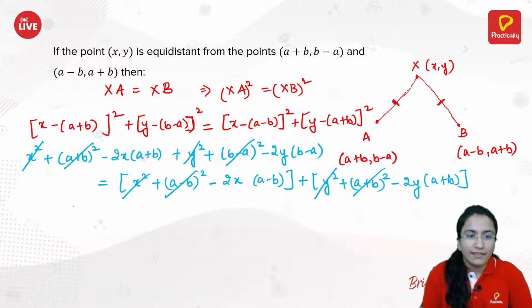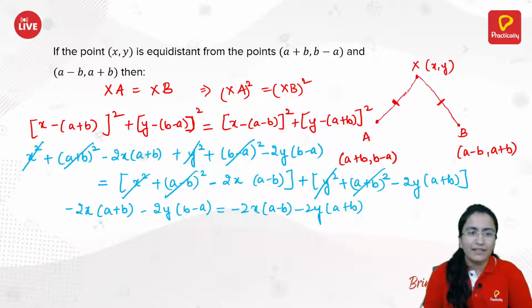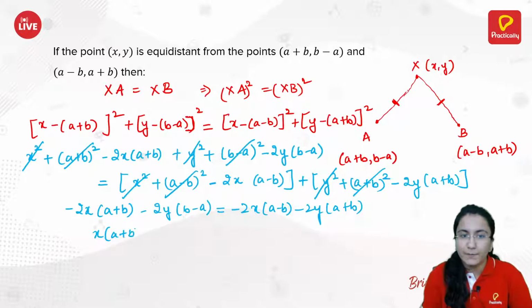Whatever you are left with is minus 2x(a plus b) minus 2y(b minus a) equals minus 2x(a minus b) minus 2y(a plus b). Minus 2 is common in each term, so I'll cancel it out. x(a plus b) plus y(b minus a) equals x(a minus b) plus y(a plus b).